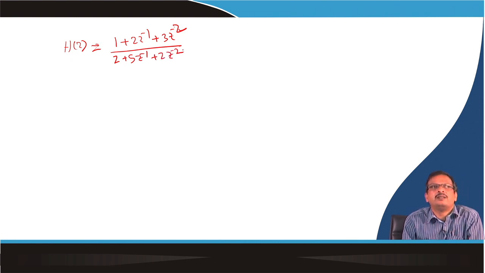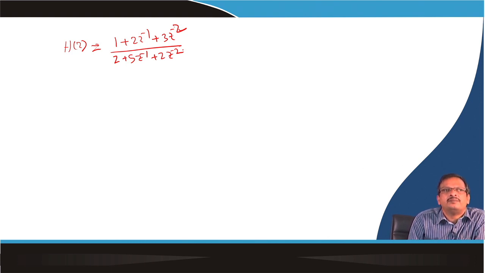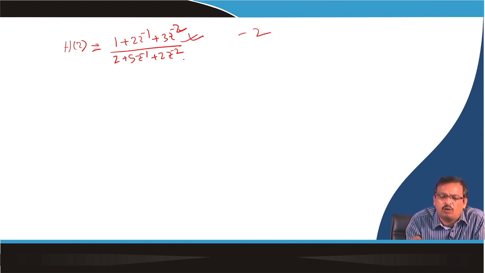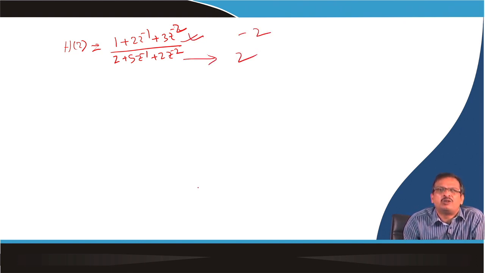Let's say this is my H(z). What is the order of the upper polynomial? Second order. What is the order of the lower polynomial? Second order. So in this transfer function there are 2 poles and 2 zeros.